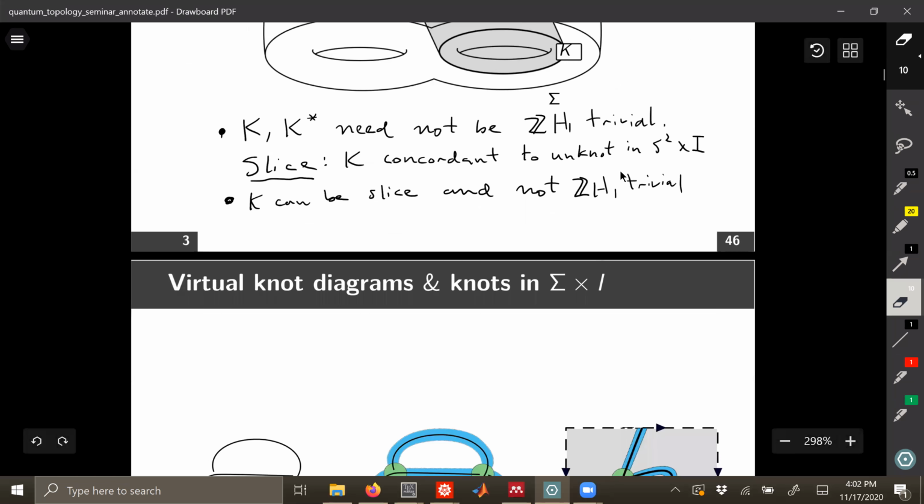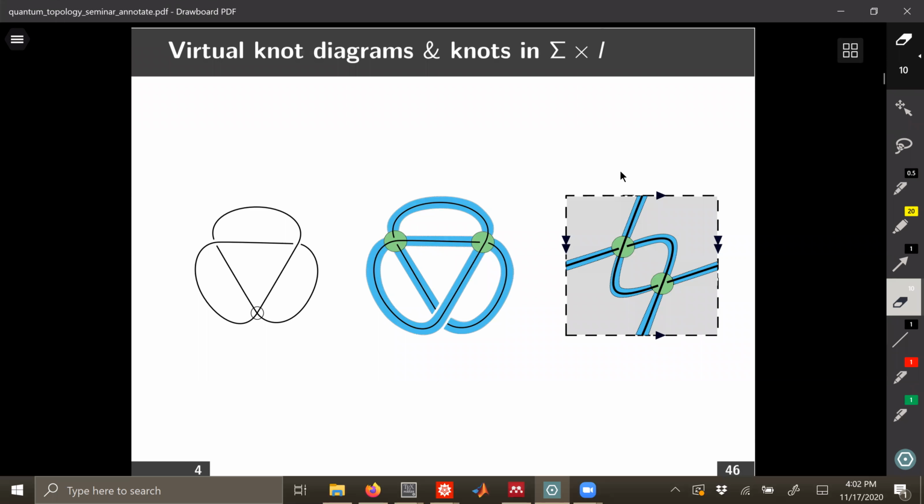Now, a great observation of Kauffman is that you can use virtual knot diagrams to talk about this concordance defined by Turaev. As a bit of a review, here we have a virtual knot diagram. Here, this is a virtual crossing. Here you have a classical crossing. For every one of these virtual knot diagrams, you can draw them as a knot on a thickened surface as follows.